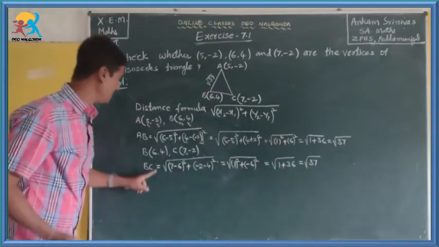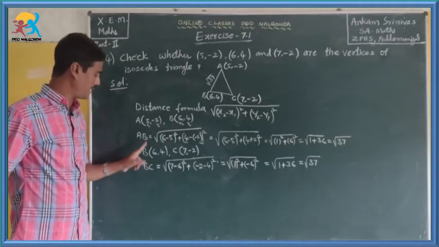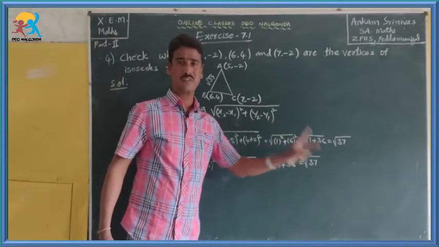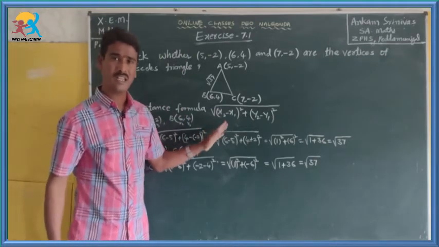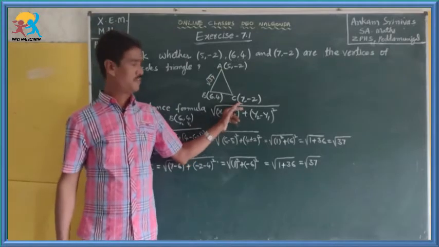Now what do you observe here? I found the length of AB and BC. I got both are equal. If two sides are equal, then it becomes an isosceles triangle. No need to find the length of AC.